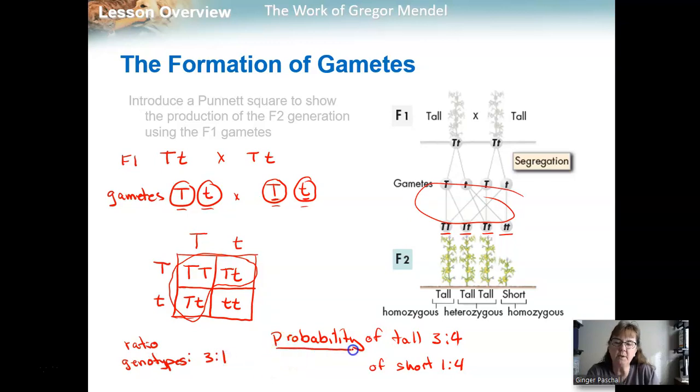So our probability is the number of desired over the total number of individuals. Again, it's the total number desired over the number of individuals. The ratio of the genotypes includes how many of each genotype. So we always write the dominant first and the recessive second.